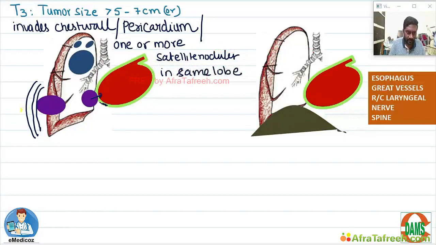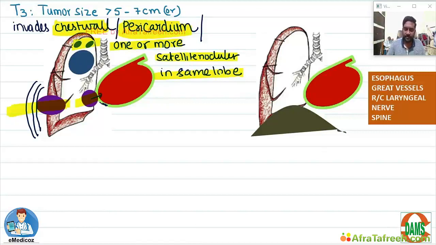Either it invades the chest wall apart from the size. So tumor invading chest wall is T3, or it can invade the pericardium. Along with a primary tumor, there can be one or more small satellite nodules in the same lobe.